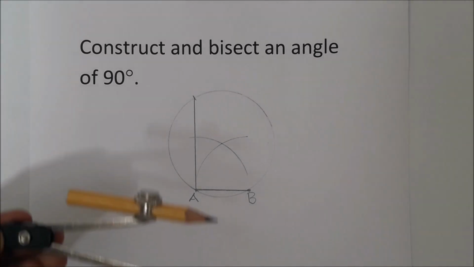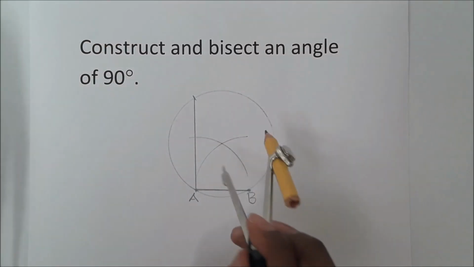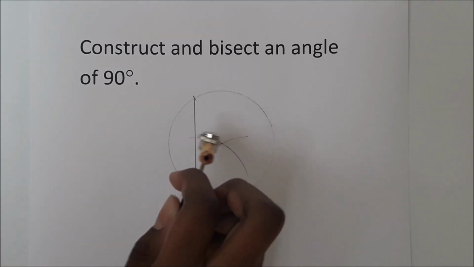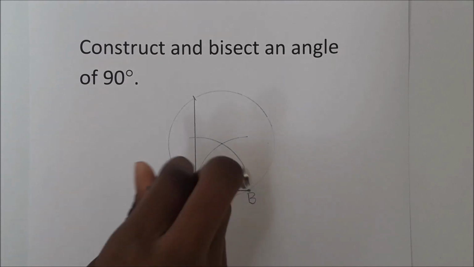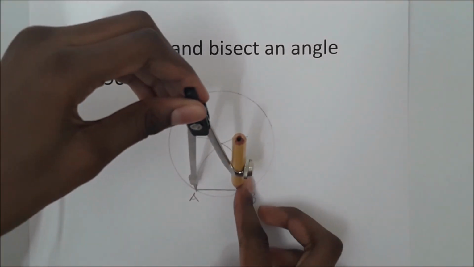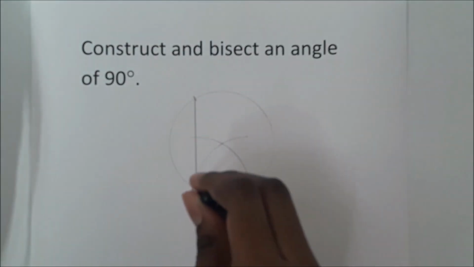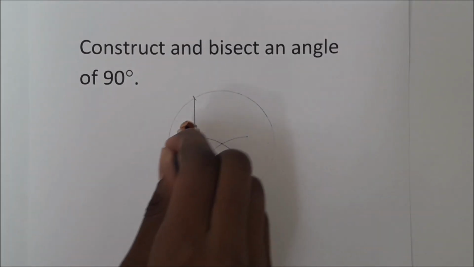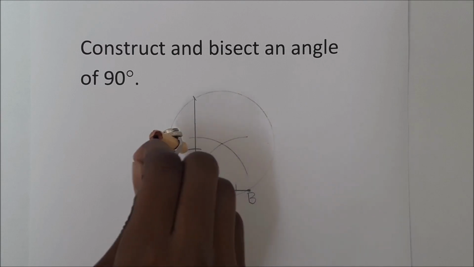To bisect, you need your compass and put the tip of the compass on the vertex. You put an arc on an arm, AB, put a little arc there. And without changing it, you cut the other arm. Say what you're doing.